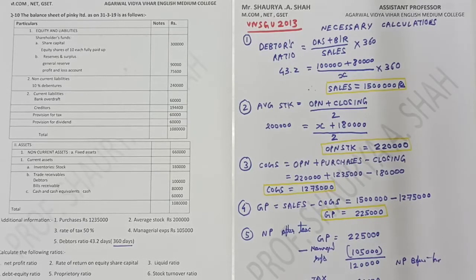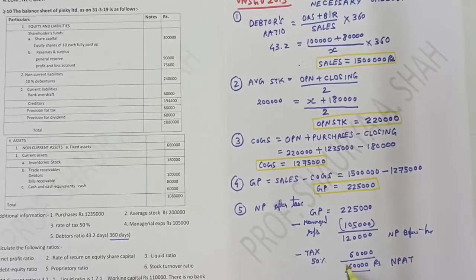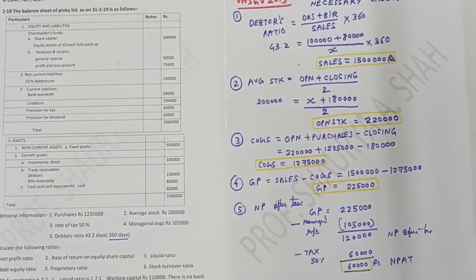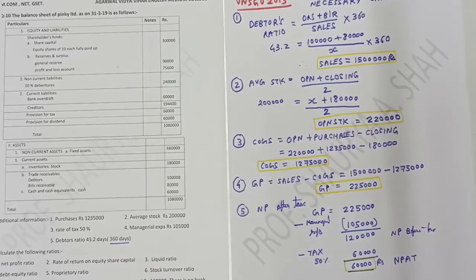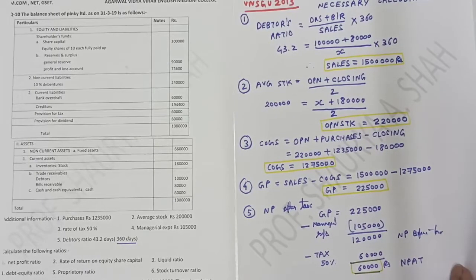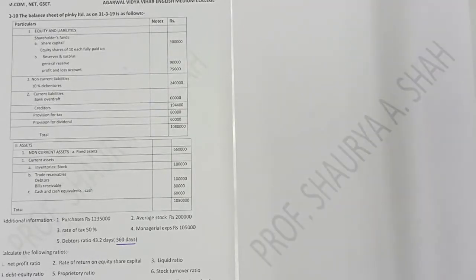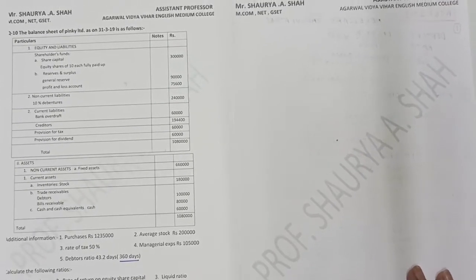Is it clear? Now students, we are ready with all the information, whatever we have calculated. So now you can start with the actual ratios which they have asked. I hope it is clear. Everyone must have noted down this sum also. Fine. Okay. Shall we start? Fine. Now starting with the very first thing, that is your net profit ratio, students, right?